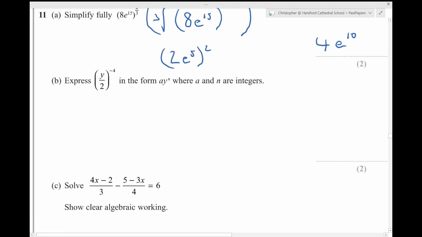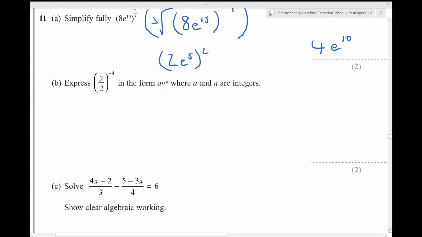Okay, express this in the form a y to the n, where a and n are integers. Well, let's have a look. So first of all, let's dispense with that minus sign. So y over 2 to the minus 4 is 2 over y to the power of 4. Now 2 over y is 2 times y to the power of minus 1.